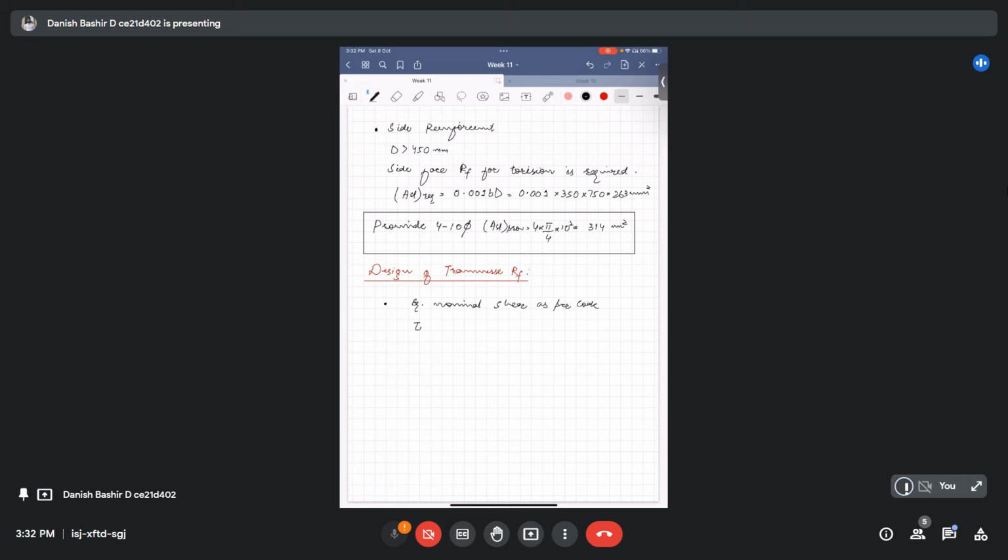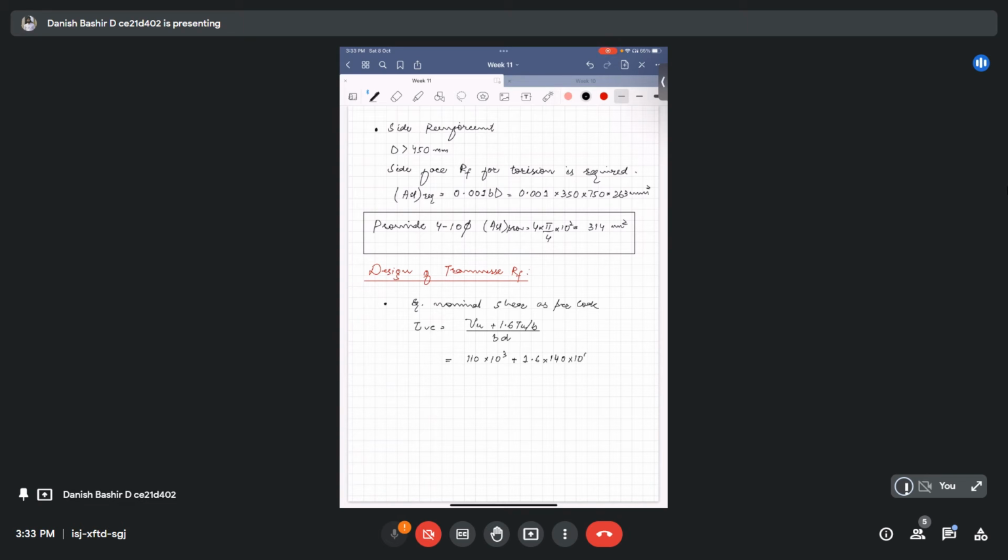Tau V equivalent is equal to VU plus 1.6 TU by B, divided by BD. When we plug in all the values, the equivalent ultimate shear acting on our section is 110 kilonewton, already given, times 10 power 3, plus 1.6 times the twisting moment acting on it, 140 kilonewton meter, times 10 power 6.